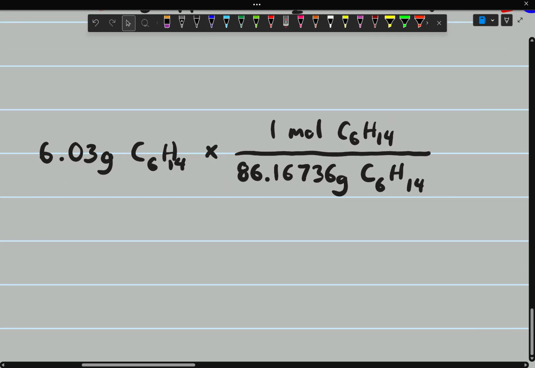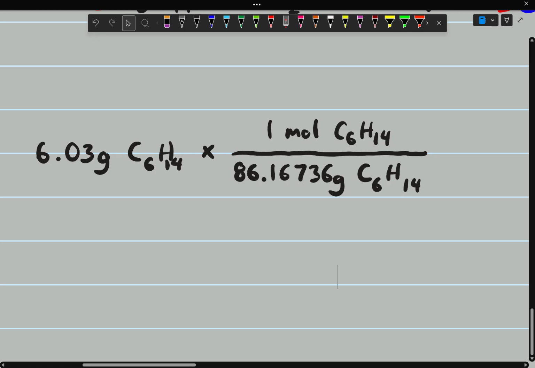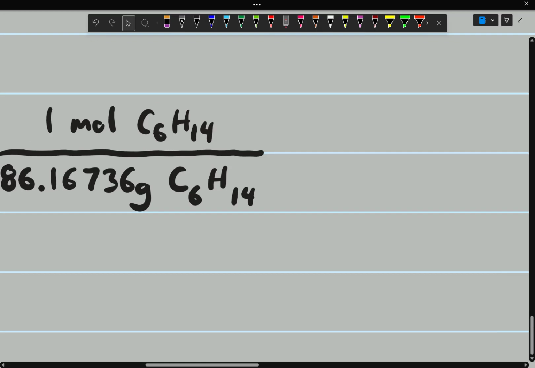So for every 1 mole of hexane, we have 86.16736 grams of hexane.